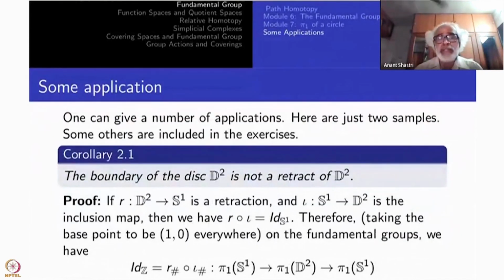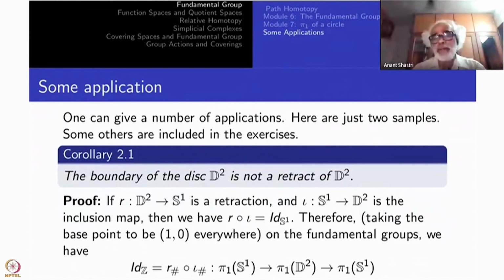The identity of the integers is (R composite I) check. The identity map induces the identity homomorphism on the fundamental groups. But the identity map is R composite I. So when you take the check of that, it is R check composite I check. I check goes from pi1 of S1 to pi1 of D2. Then R check goes from pi1 of D2 back to pi1 of S1. And this is the identity because R composite I is the identity.